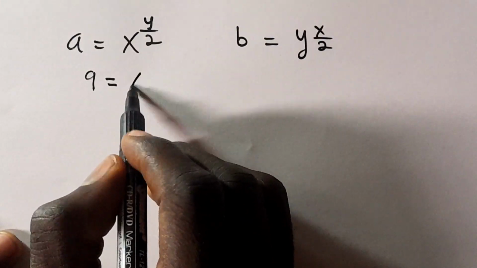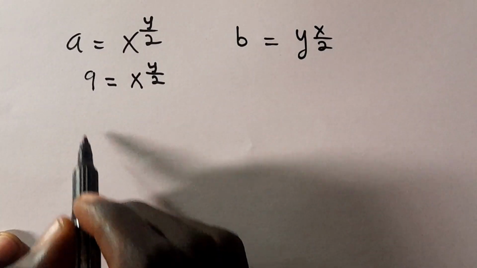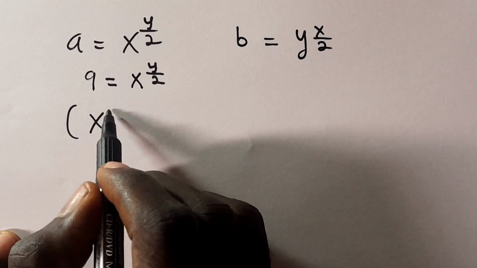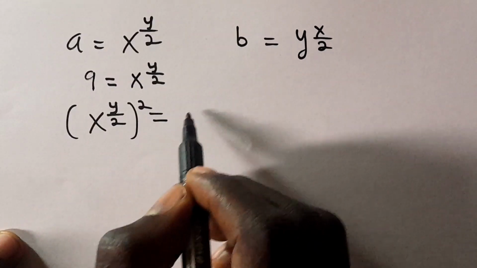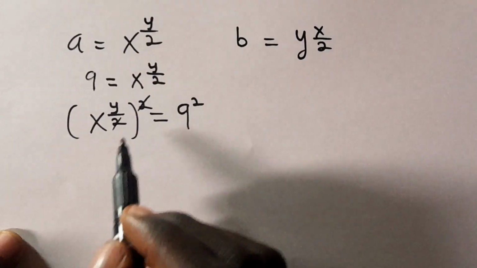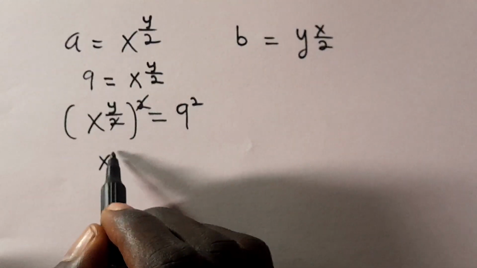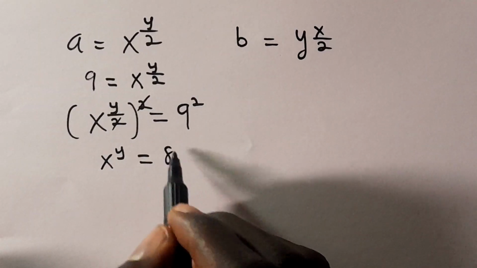This will now be equals x raised to power y divided by 2. So from here, when we square both sides, we have it to be like this: x raised to power y divided by 2 all square. Then this one will now be 9 raised to power 2. This will cancel this out. So what we are going to have will be x raised to power y to be equals, this one will now be 81.